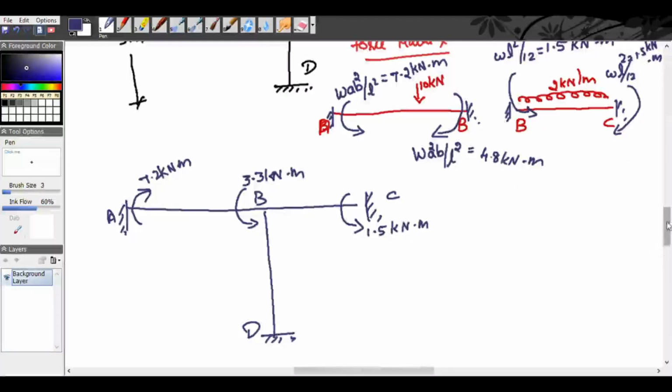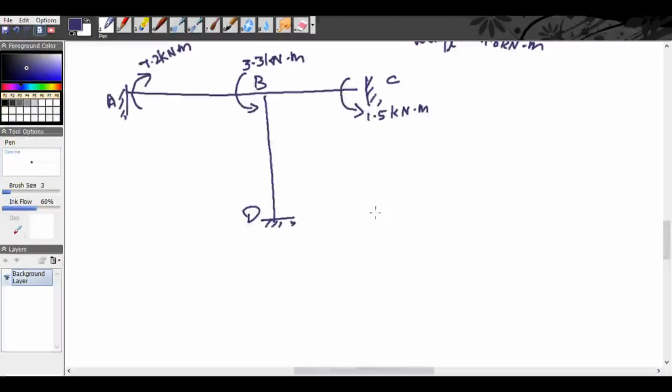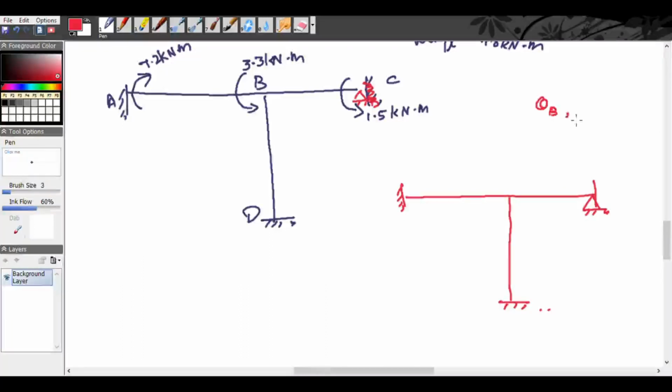While writing the force matrix, sorry, this is not a fixed support, it is a pinned support. Our degrees of freedom are theta at B and theta at C, so our forces will be the moment at B and the moment at C. The forces are 3.3 kilonewton meter and 1.5 kilonewton meter.